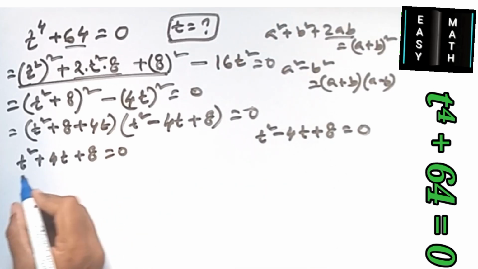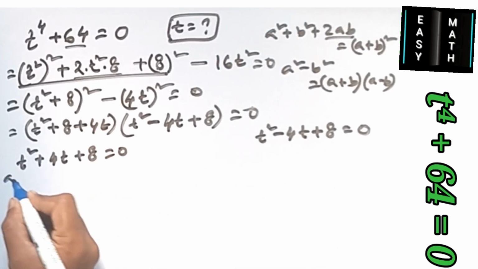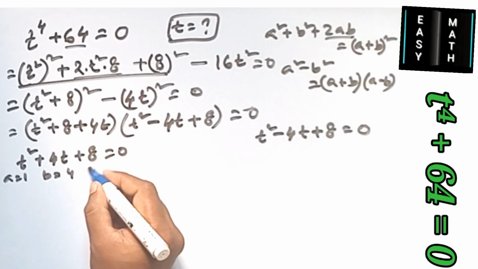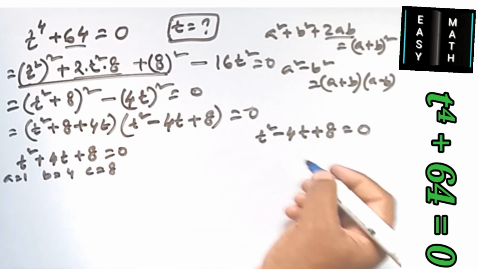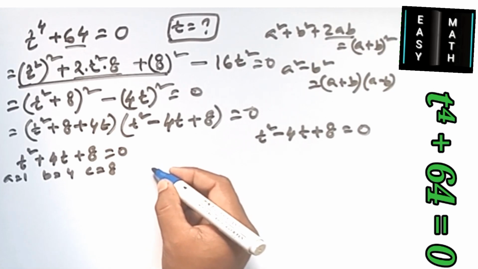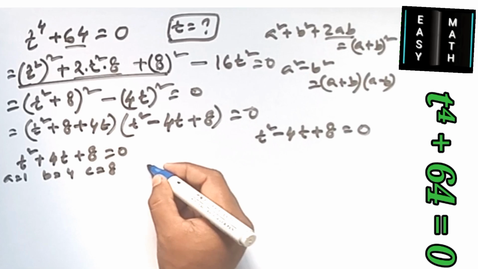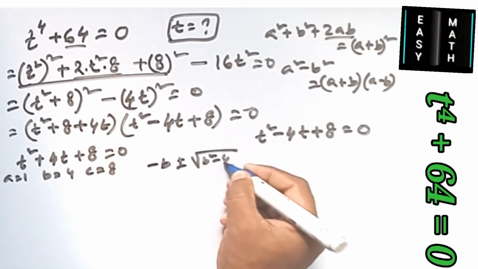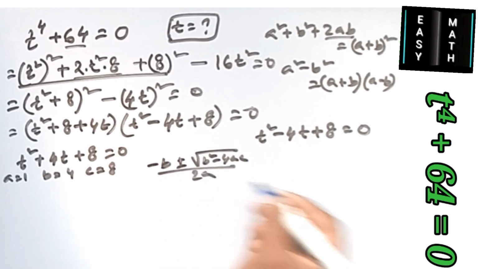So now this a is 1, b is 4, and c is 8. So we can write the general formula: minus b plus minus root of b square minus 4ac, divided by 2a.